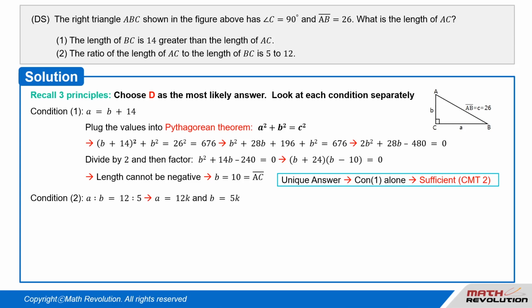Condition 2 tells us that A is to B equals 12 is to 5.